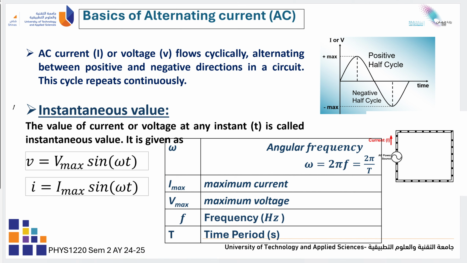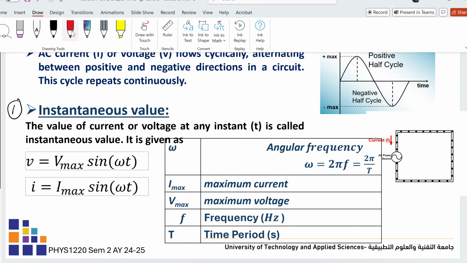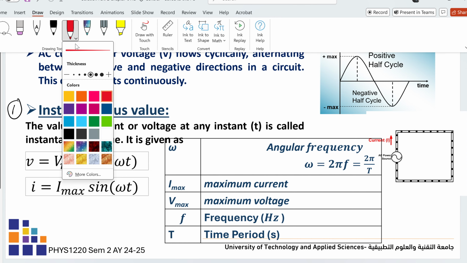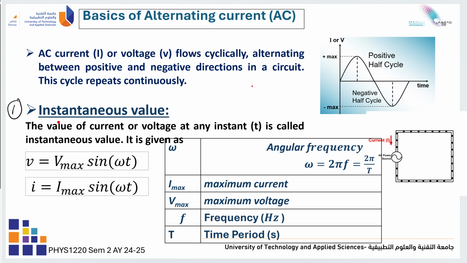So this is the first type, the instantaneous values for the voltage and for the current.